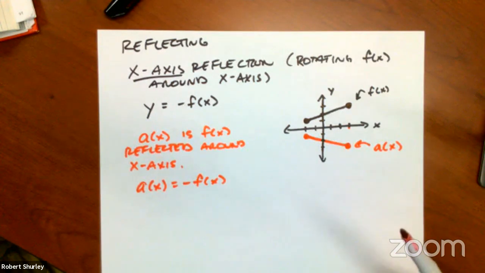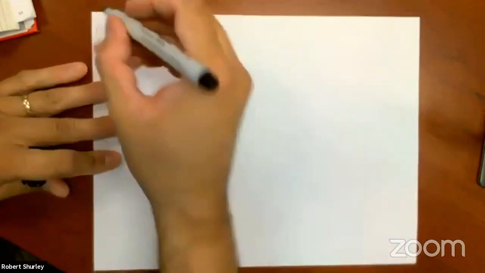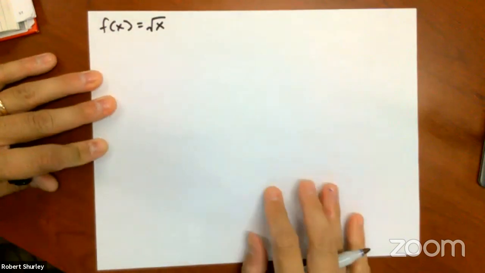Let's look at an example of this based on a parent function. Let's do the square root parent function because it's a really common one that's used, and the graph is pretty common here. So let's say we had f of x equals the square root of x.